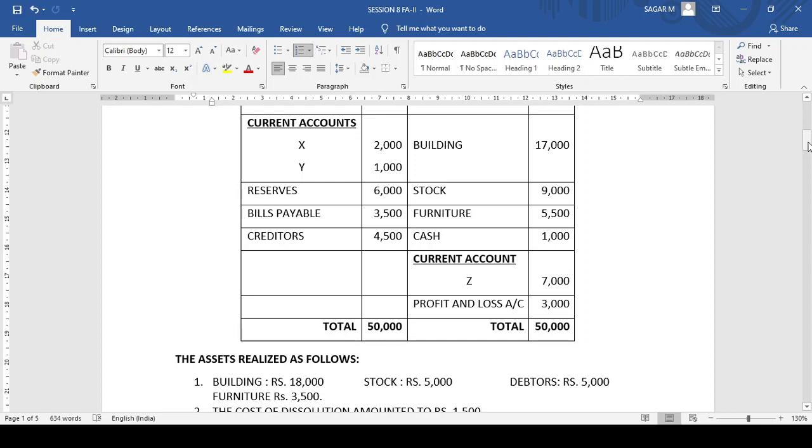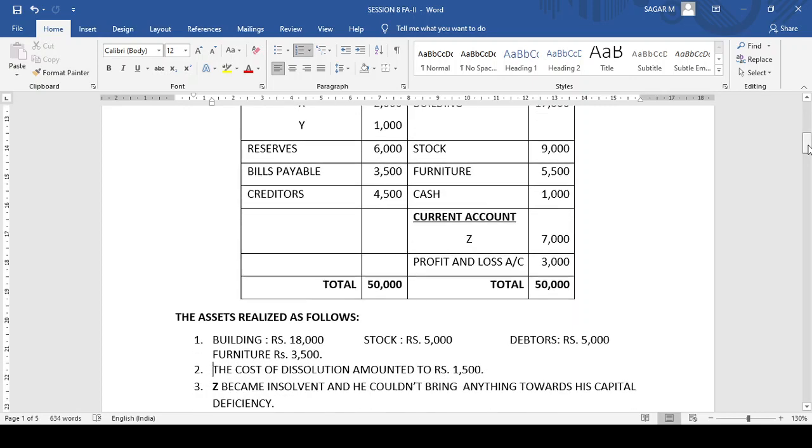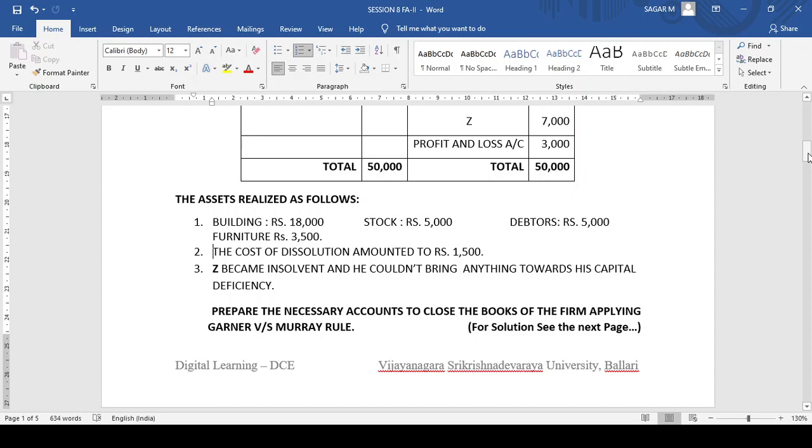Further, they provided additional information. That is, the assets realized as follows. The first asset, building 18,000, stock 5,000, debtors 5,000 and furniture 3,500 rupees.